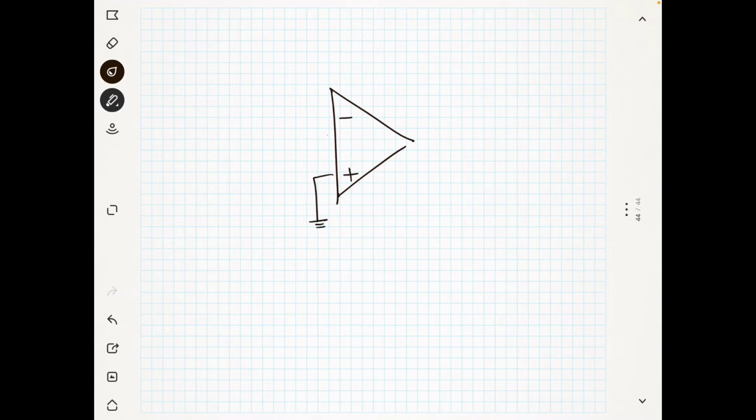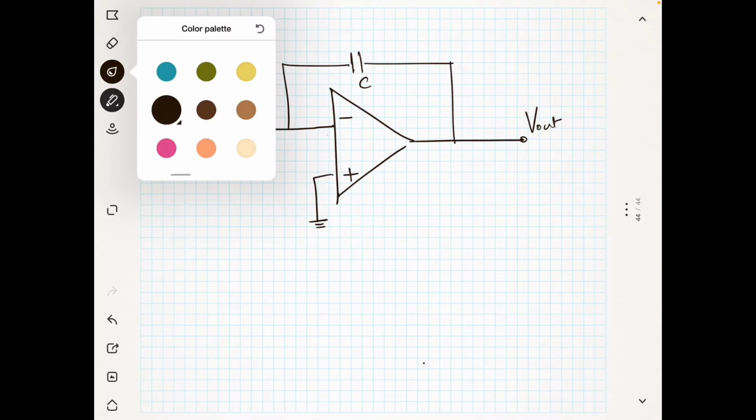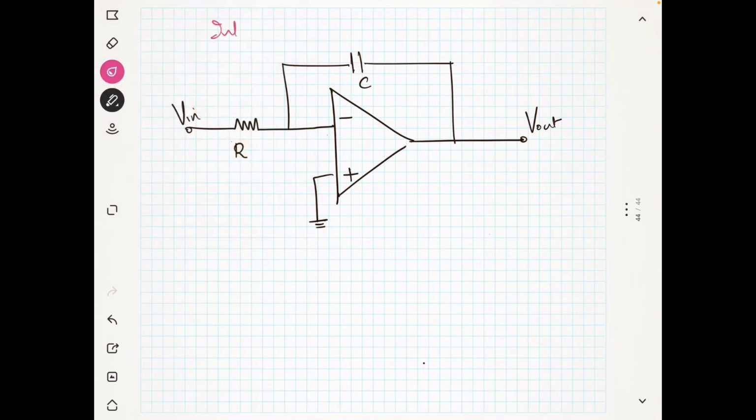Of course we will be grounding here, and we have a R, and we have some C, and this is your V in, and this is your V out, and this is your capacitor, and this circuit is nothing but the integrator. Why it is an integrator, we will see now. We will first do the circuit analysis. So this is an integrator circuit.